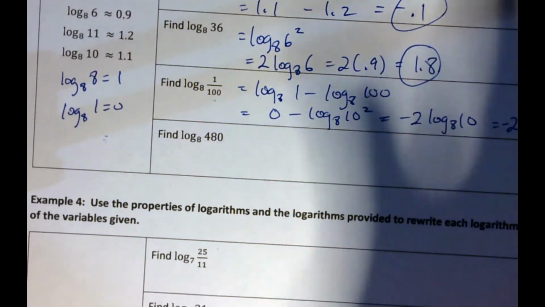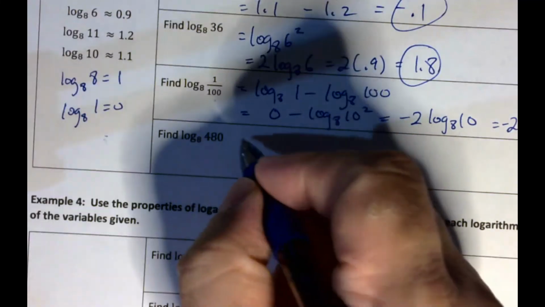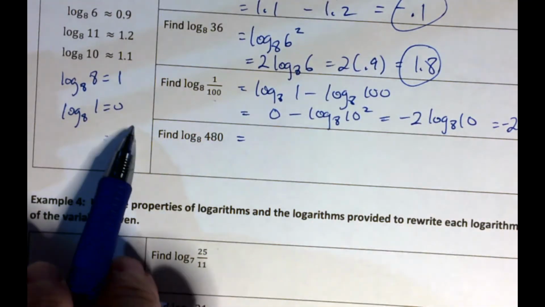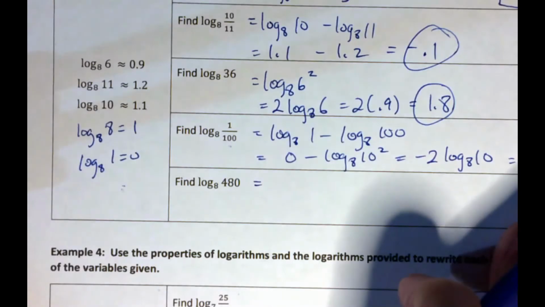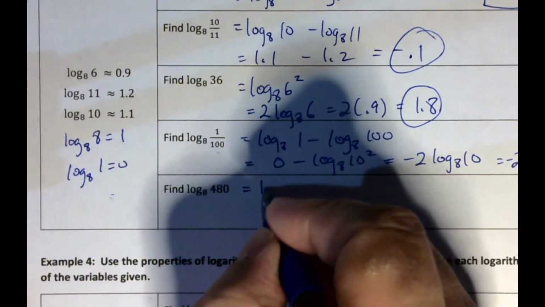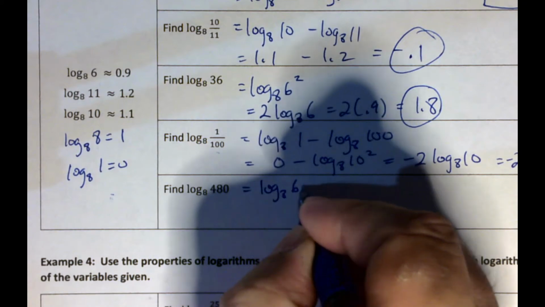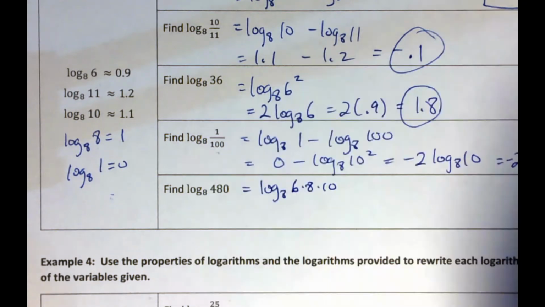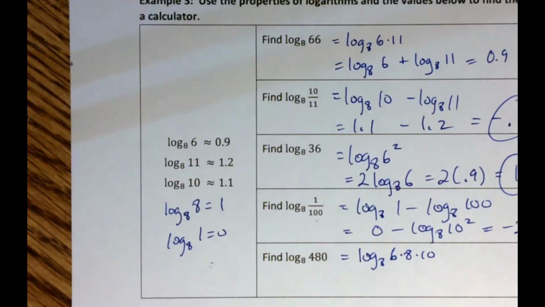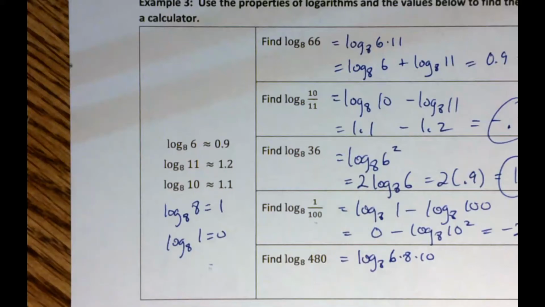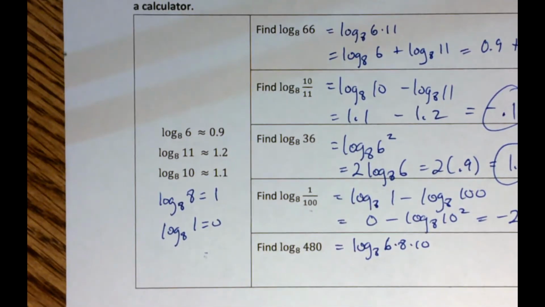Log base 8 of 480. You look on here, and 480 is going to be 6 times 8 times 10. So that's log base 8 of 6 times 8 times 10. The order doesn't matter. If you have it in a different order, that's fine. But the goal was to write it in terms of these, so it's pointless to do something like 4 times 240.